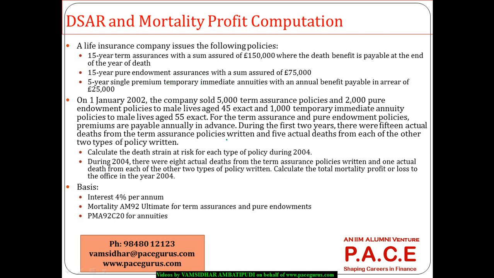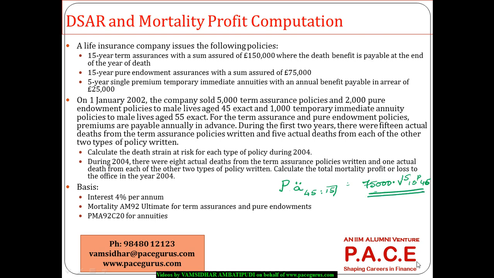The way we compute the premium, the premium times again A double dot 45:15, because this is also the same 15-year policy, but the only difference being 75,000 is paid only on survival, which is V power 15 15p45. That's it. So this is what I can compute as the premium.